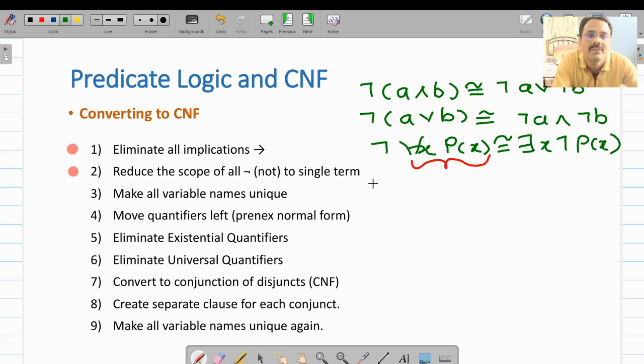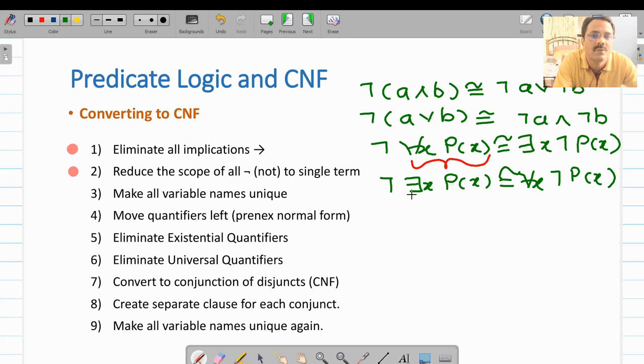Similarly, if you have not there exists x P of x, by De Morgan's law this is equivalent to for all x, not P of x. So there exists becomes for all, and the scope of not will be with the individual predicate. That's how you apply step number 2 if required.